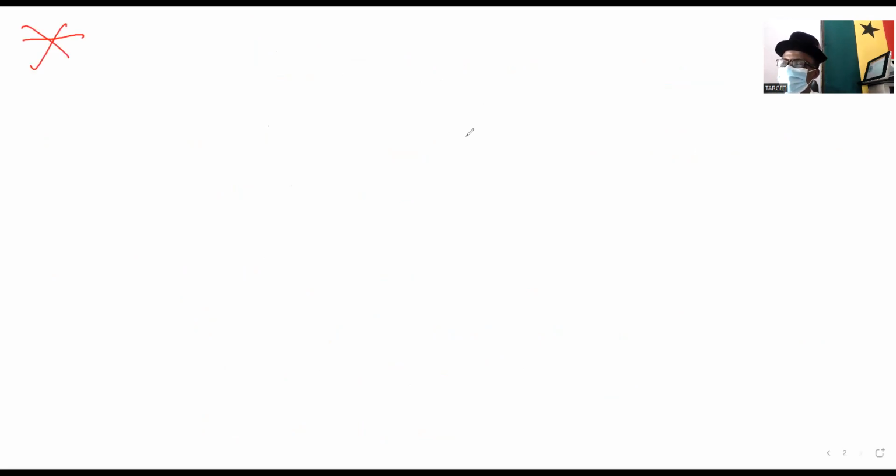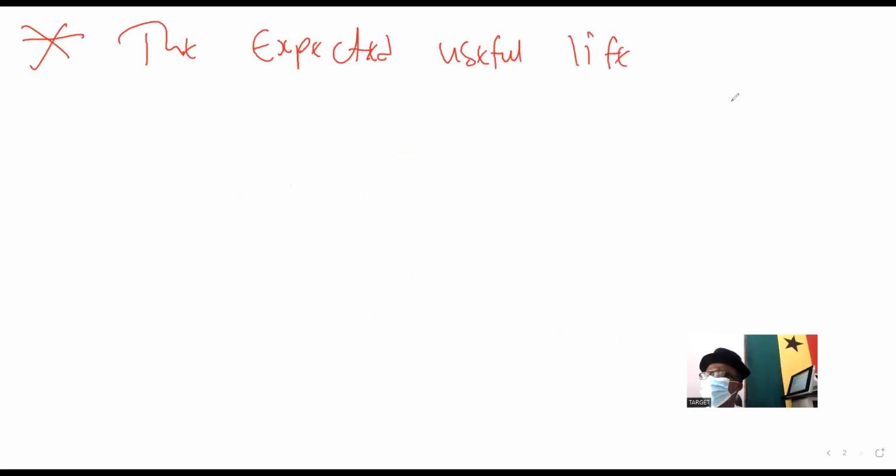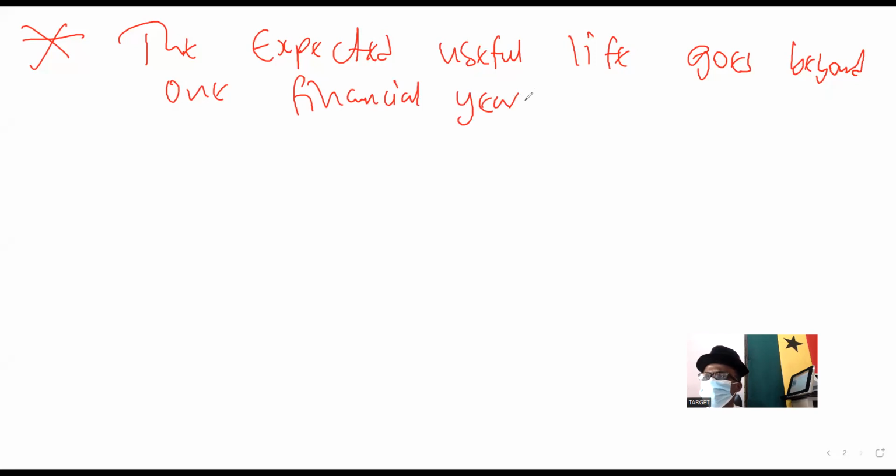Their benefit lasts for more than one financial year, or the expected useful life goes beyond one accounting year or one financial year. So take notice of this and then we move on.